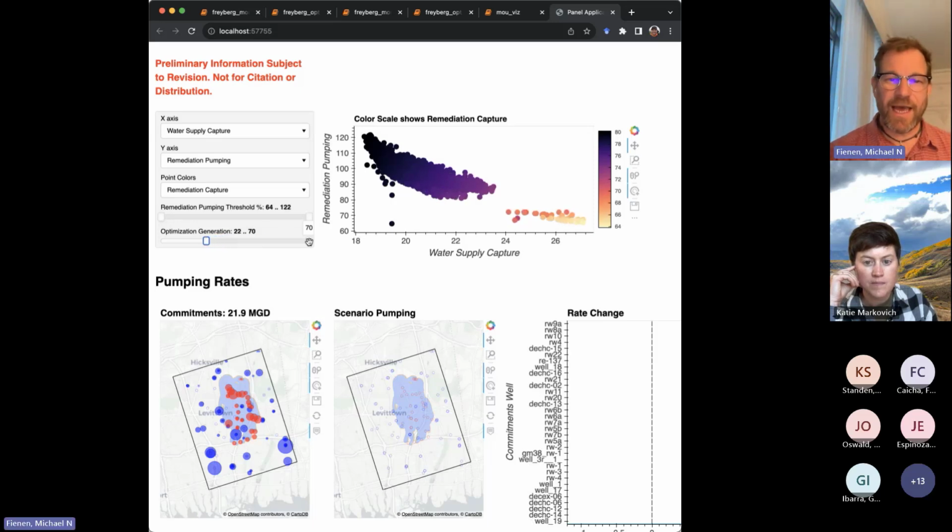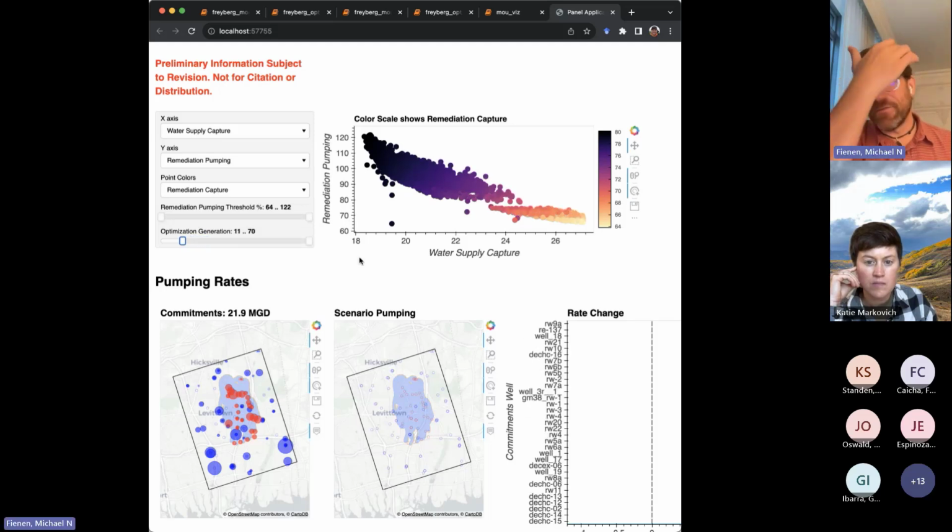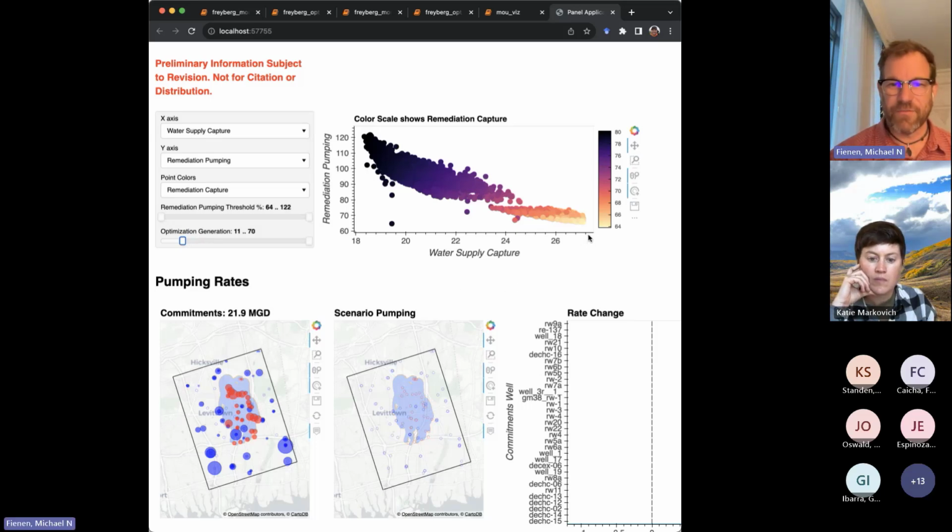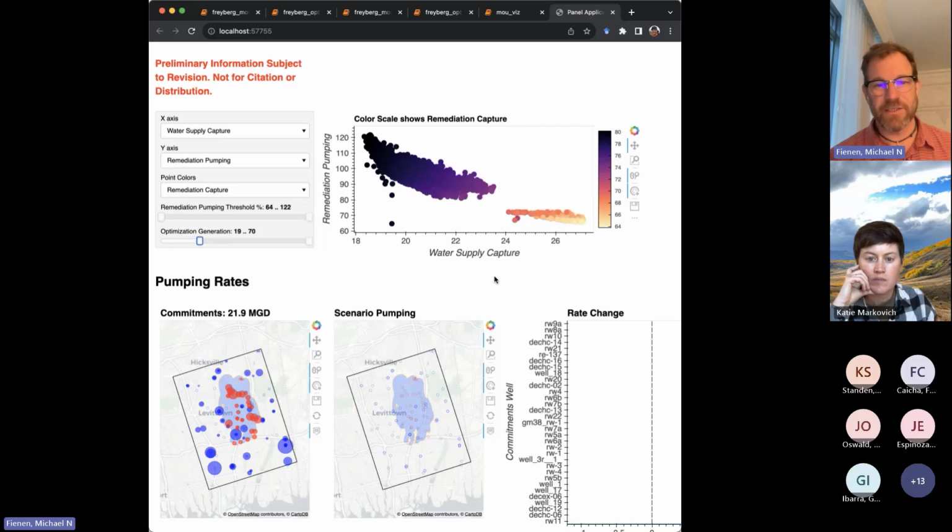And early on, we had some solutions that had really high water supply capture being allowed and really low pumping cost. But technically that's feasible because we said anything under, I think we said 27% capture was technically feasible, but it's clearly undesirable. And it's interesting that as we go into later generations, our population almost splits into two different populations.